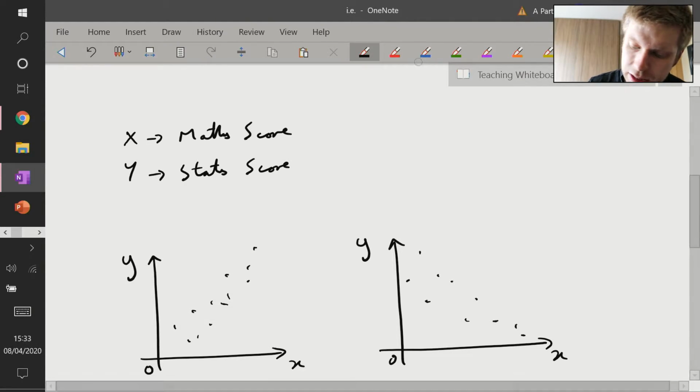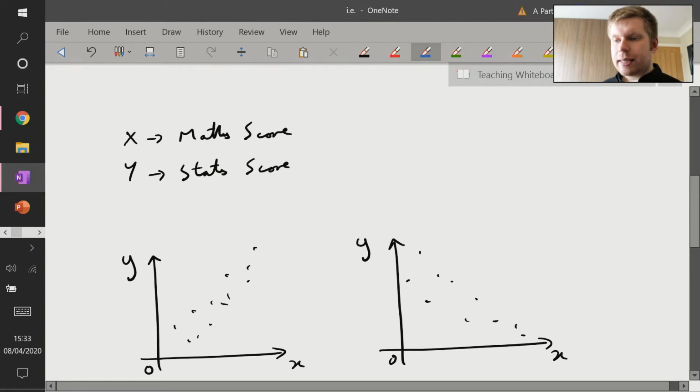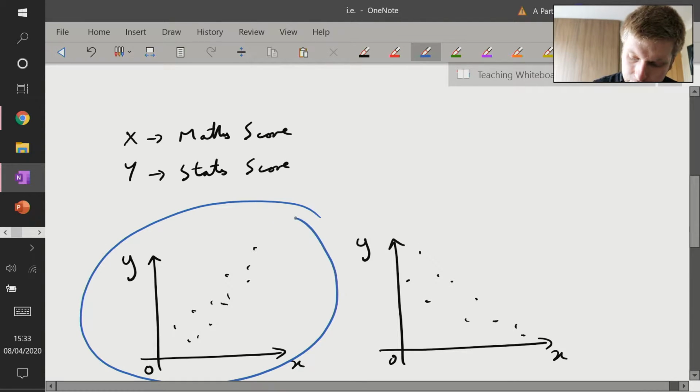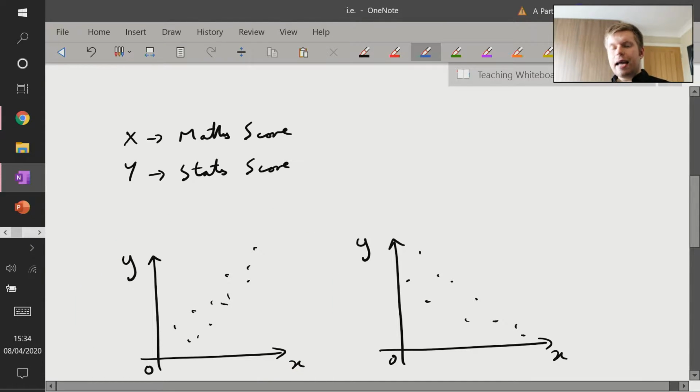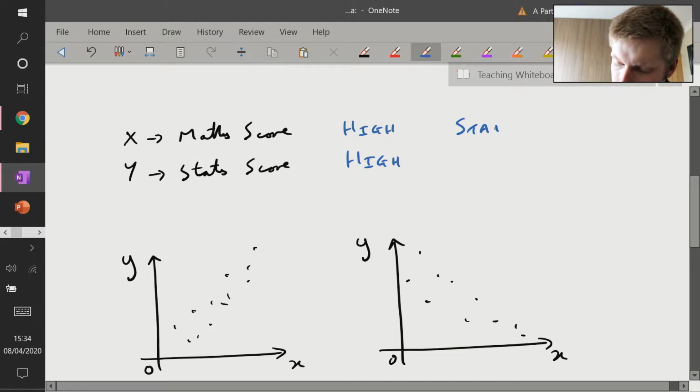Let's suppose that my data was positively correlated. That could be in two ways. Either it means that people that score high on the maths paper would also score high on the stats paper, or people that score low on the maths paper would also score low on the stats paper.